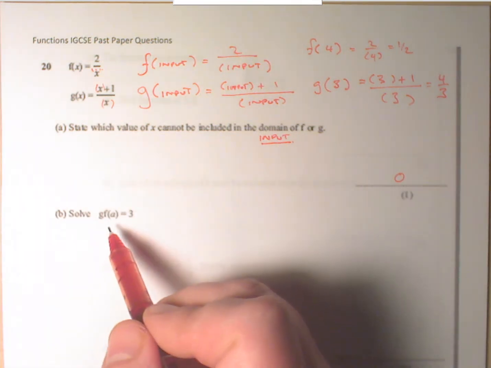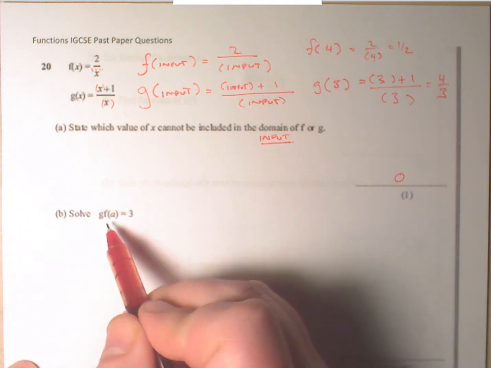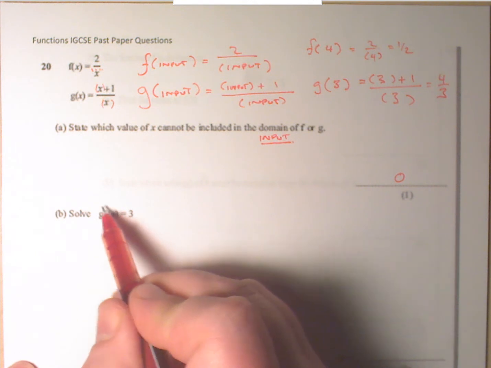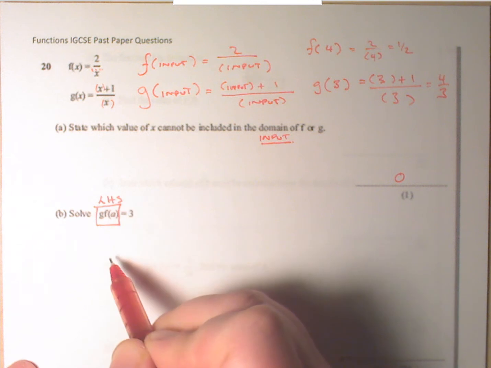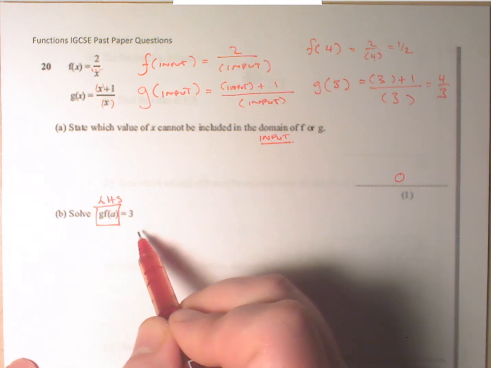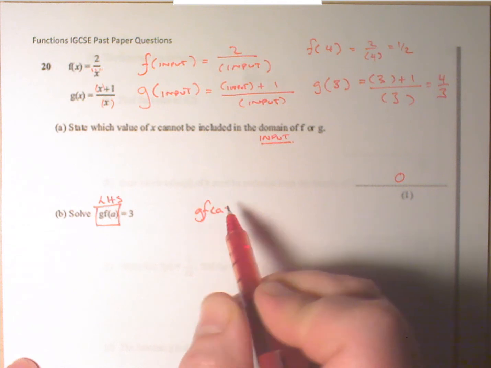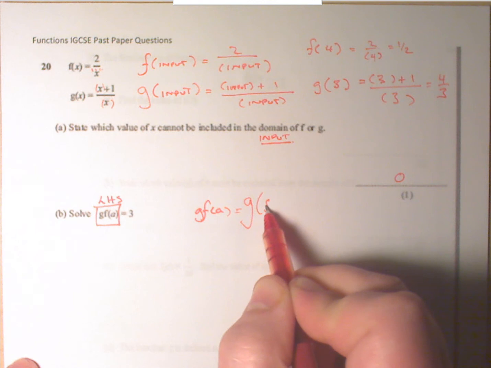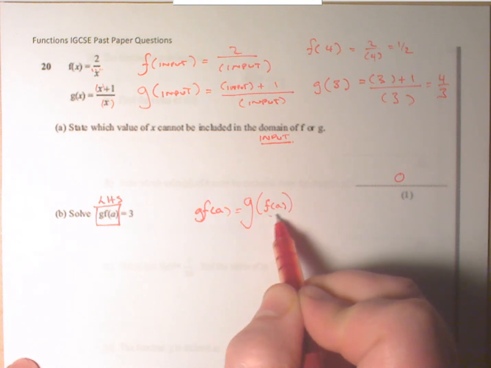Now here I've got to solve this difficult equation, but I'm not being asked to put 3 inside here. What they want me to do is to work out what the left-hand side of the equation is first, and then put that equal to 3. Well, let's have a look at gf(a). The clever thing to do is to rewrite it as f embedded in g, and f is inside g. Don't work from left to right, work from the inside out.